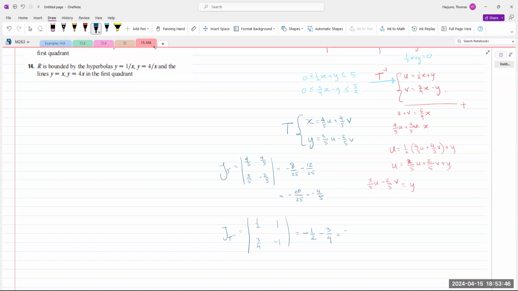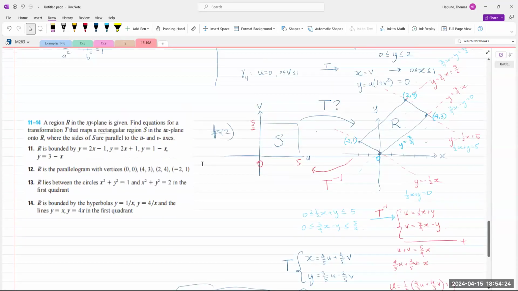That's negative 5 over 4. In other words, the Jacobian of T is the reciprocal of the Jacobian of T inverse. Maybe I should say that in general, the Jacobian of T is the reciprocal of the Jacobian of T inverse.